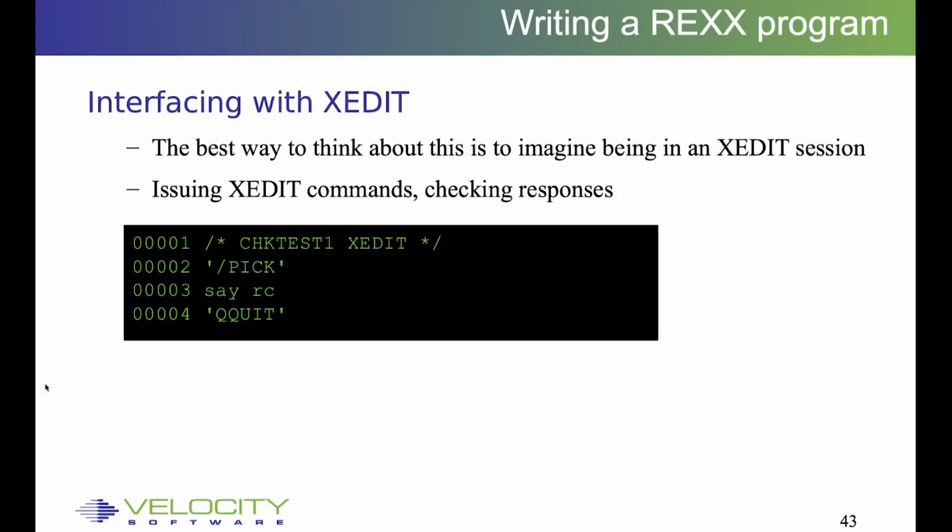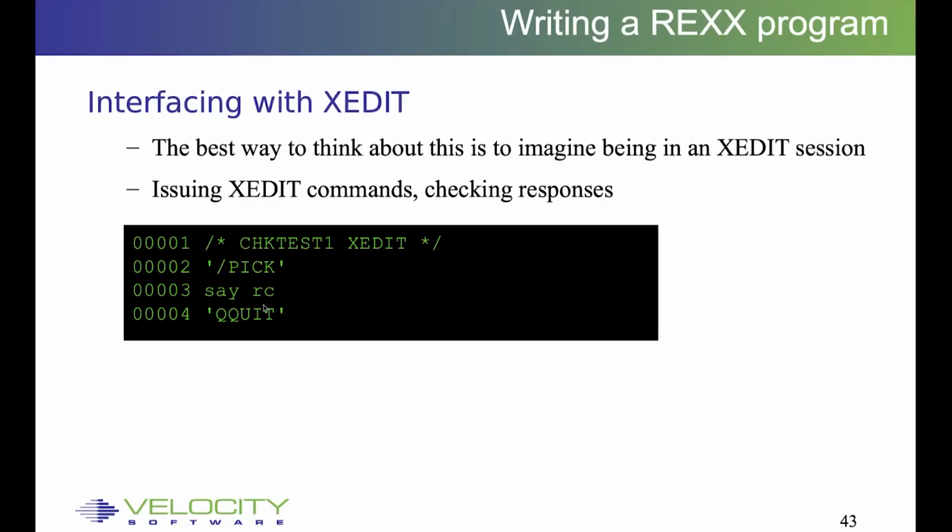So the best way to think about an edit session and programming an edit session is sitting at the terminal and figuring out what commands you're going to issue when and what you're going to do in the session. So the idea here is we're going to issue xedit commands and check the responses from those commands.